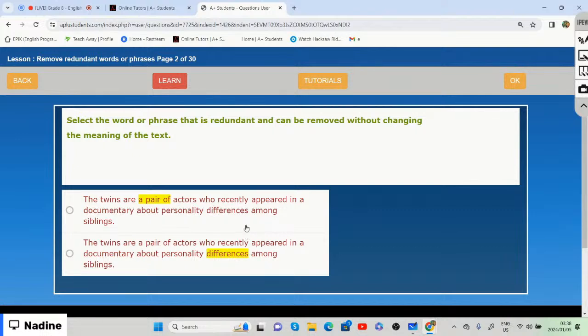Look at the word twins. Twins, is it a pair of, which is the first one, or does it mean differences, the second one? If we remove something, does it change the meaning of the text?